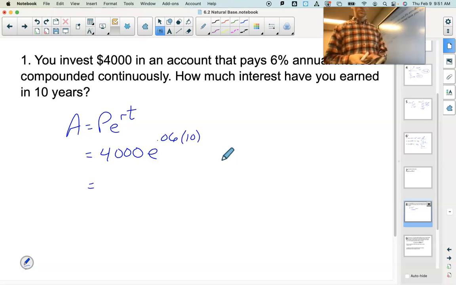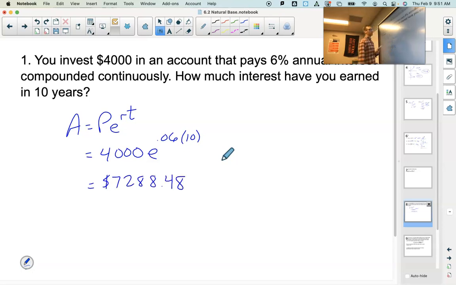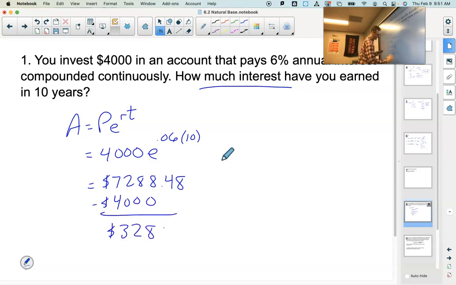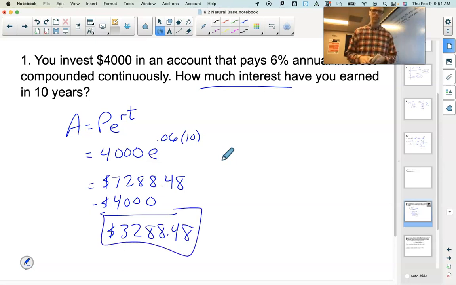So we'll grab our calculator and put that in. I have $7,288.48. How much interest have I earned? Well, if I subtract off the $4,000, I have earned $3,288.48.